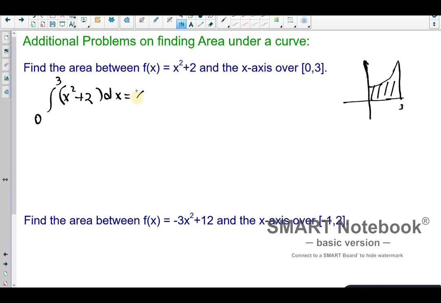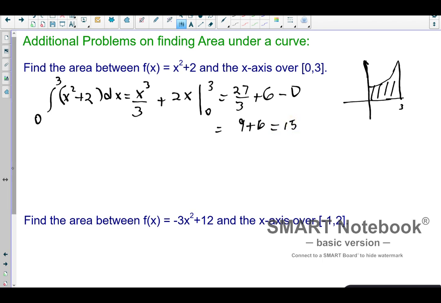So evaluate the integral: the antiderivative of x squared is x cubed over 3. The antiderivative of 2 is 2x, going from 0 to 3. Here we plug in the upper limit minus we plug in the lower limit, to get 27 thirds plus 6 minus 0. So we get 9 plus 6, or 15, is our answer.